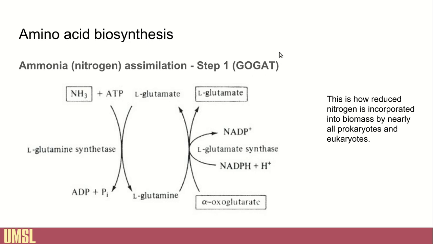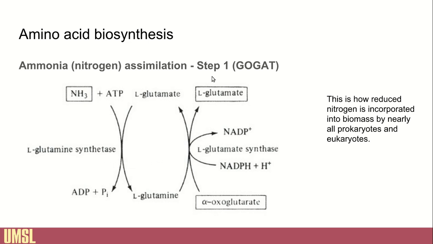And what I'm showing here is the first step of reductive transamination, known as GOGAT. It's essentially an old acronym for the glutamate synthetase and glutamate synthase reactions that are happening.